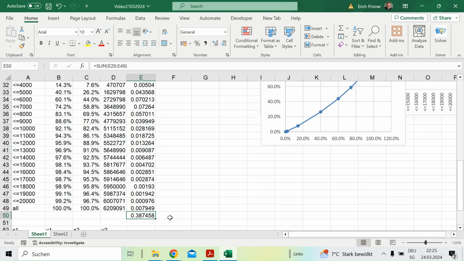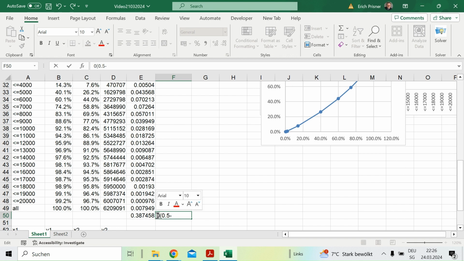So let me maybe write this here. We're looking at the difference between, and maybe I'll use parentheses already because I need it in a second. So we are subtracting, this one should be an equal sign here. We're subtracting this value from 0.5.